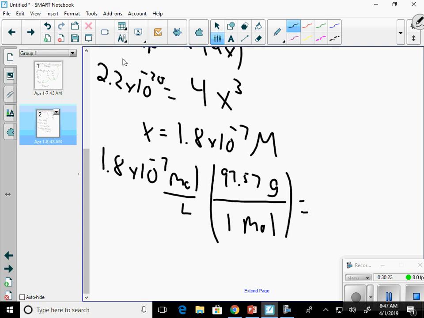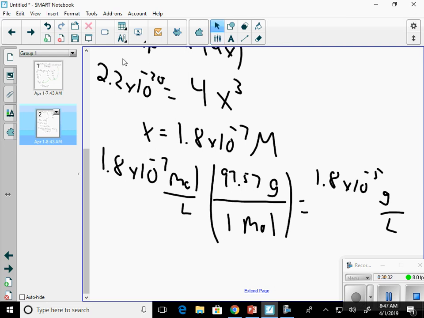So if I do this calculation, I get 1.8 times 10 to the negative fifth grams per liter.